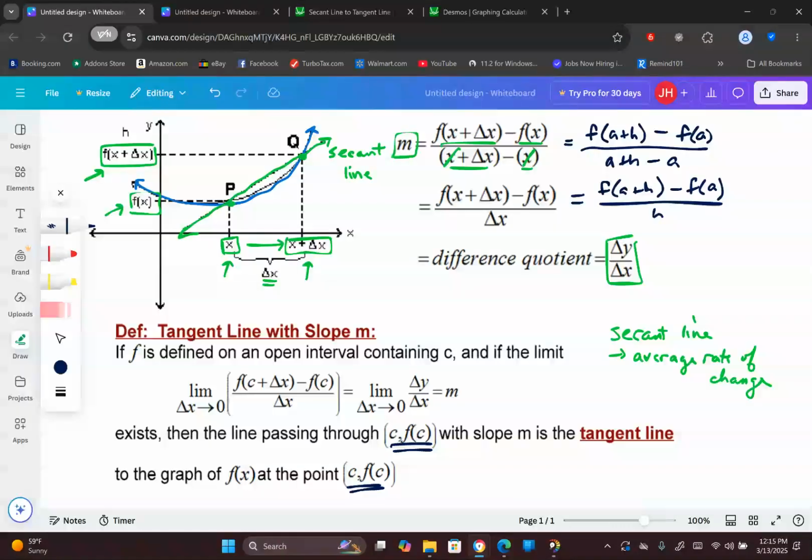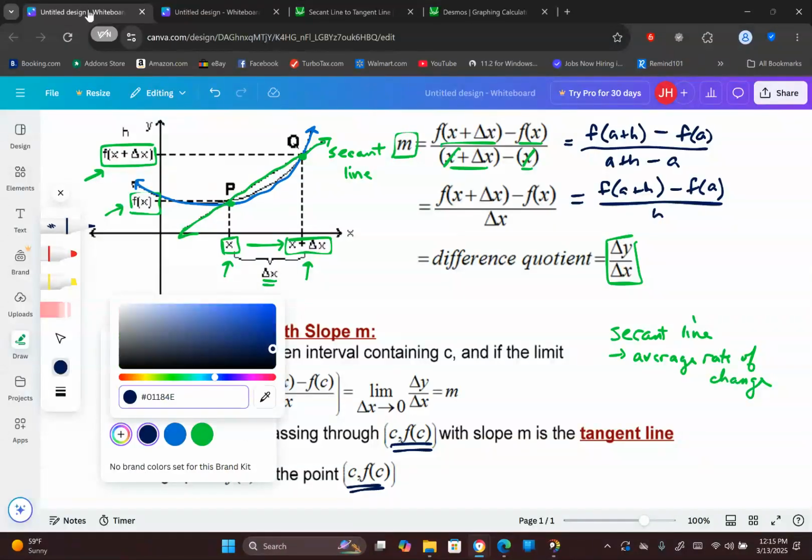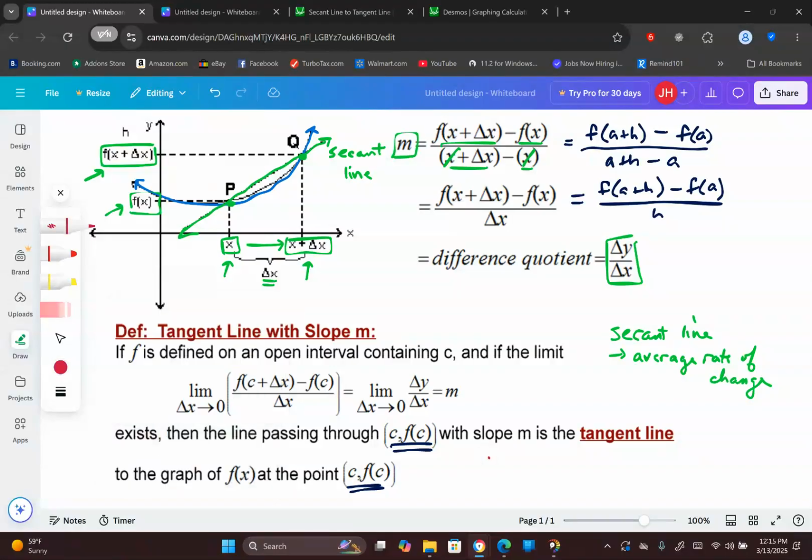So here's the thing. If I let delta x approach 0 of f of c plus delta x minus f of c over delta x, it actually approaches the slope of a tangent line at a specific point.